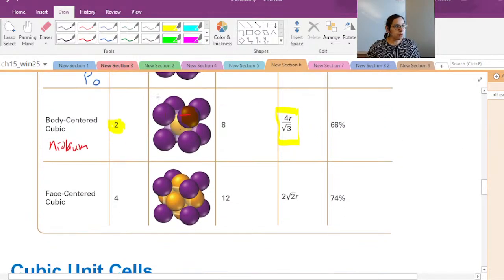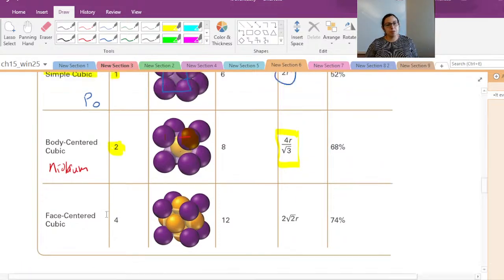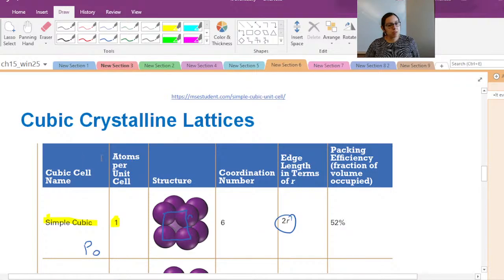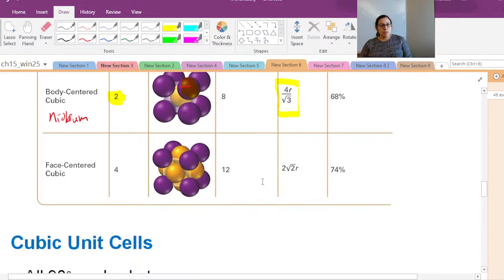And so the last one, of the ones that we'll focus on, because there are many other types of packing names and cubic cells, but you can take a whole class on crystallography and go into all that detail, is this face-centered cubic.